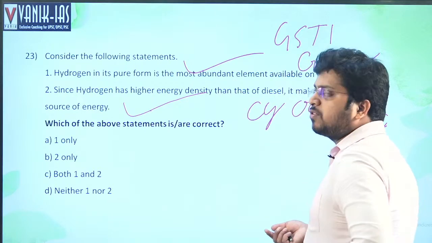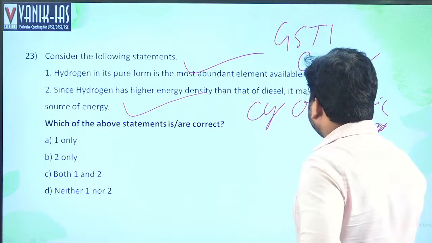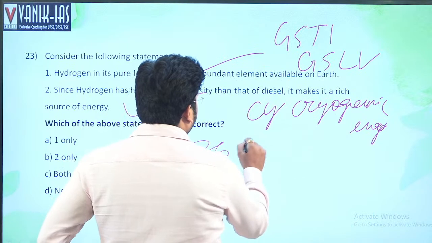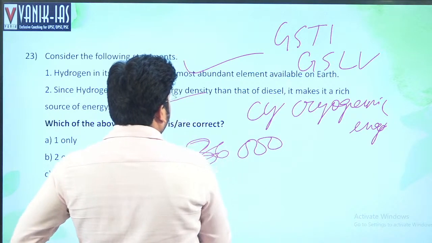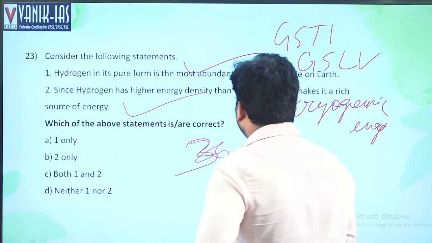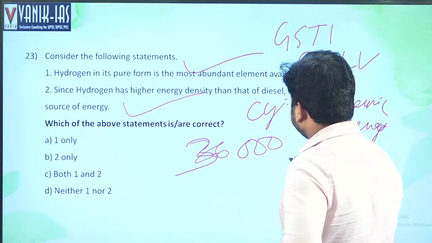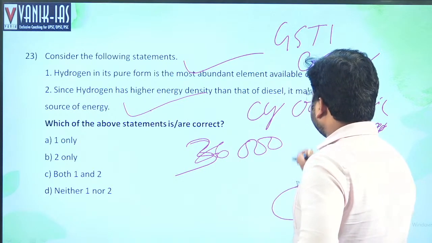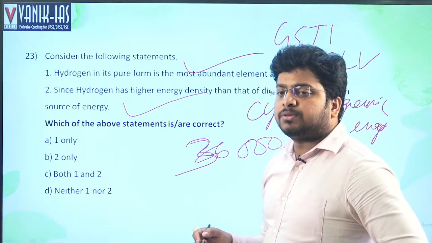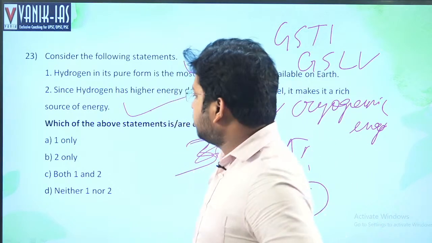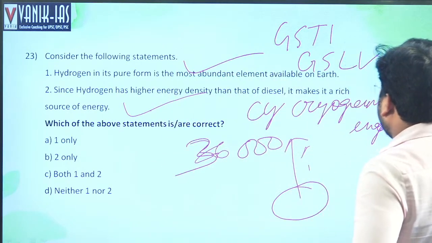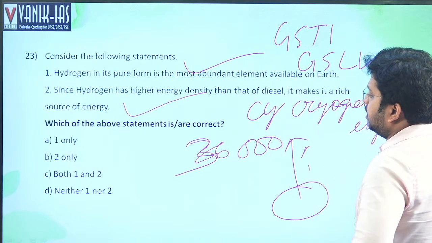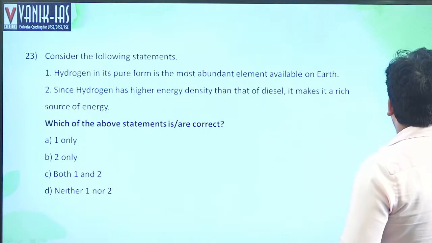The GSLV is now the most powerful launch vehicle of India. All the satellites launched to geosynchronous orbit, at 36,000 km, use the GSLV, especially Earth observation satellites. In geosynchronous orbit, generally we place communication satellites.